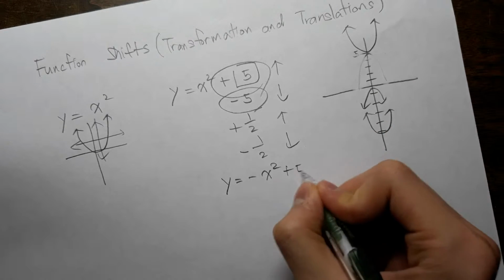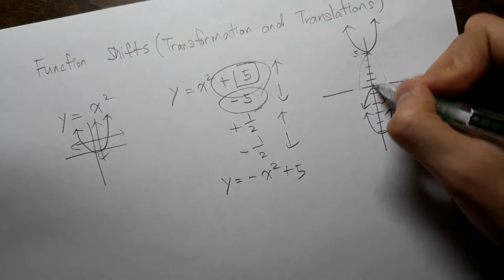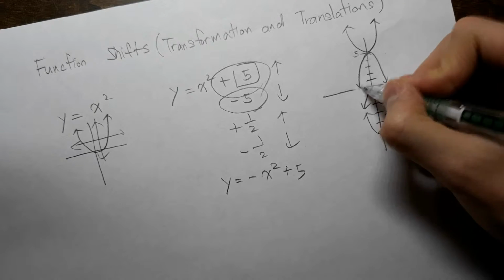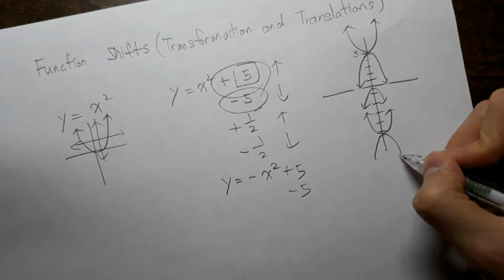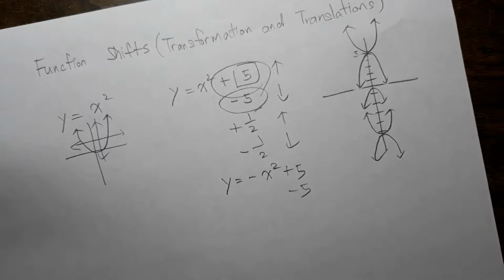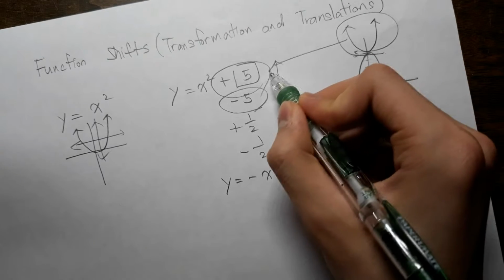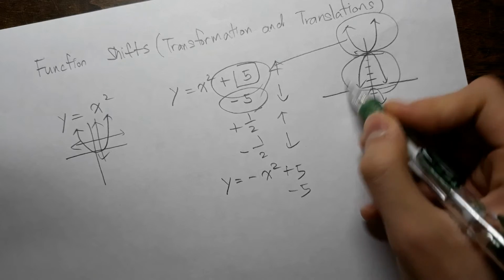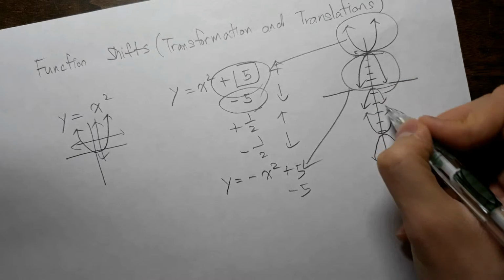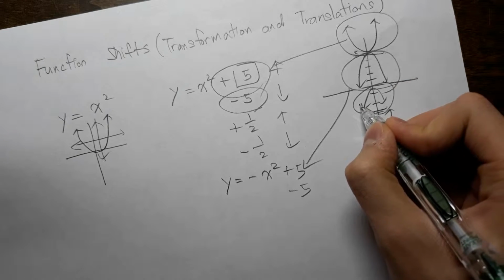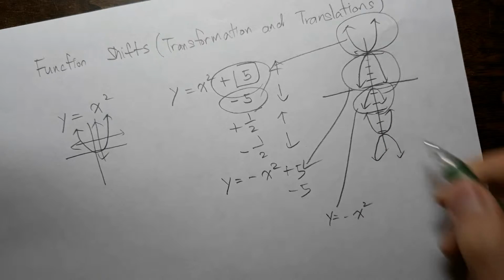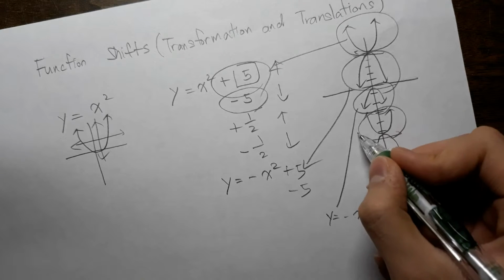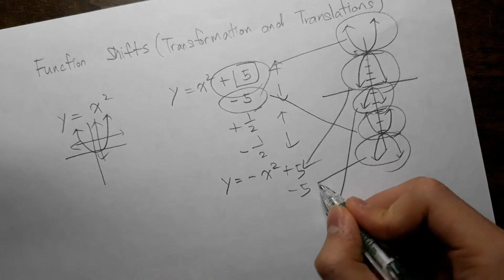And if it is plus 5, it will go up 5, so it will look like this. And if it goes minus 5, it will look like this. So this thing is this, this thing is this, and this thing is that.